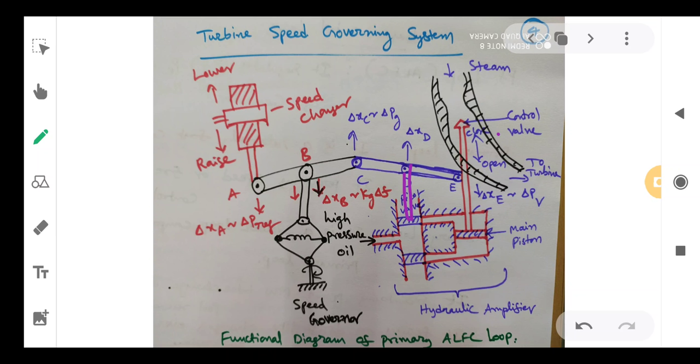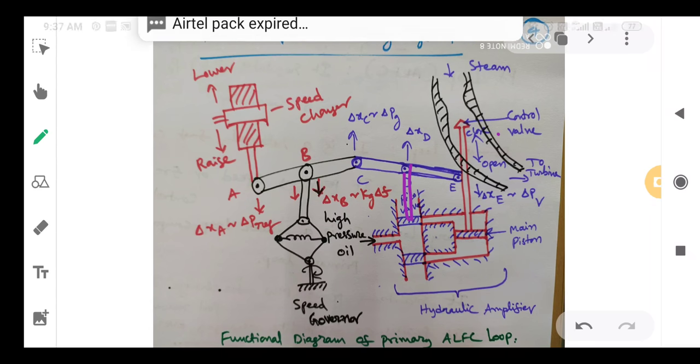How? When the valve comes down, more steam is admitted to the turbine. When more steam is admitted, the power output of the turbine delta PT increases, and vice versa. Therefore the movements of the linkage points are related to power variations.